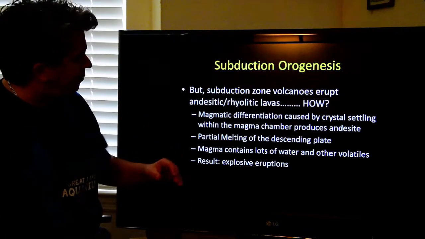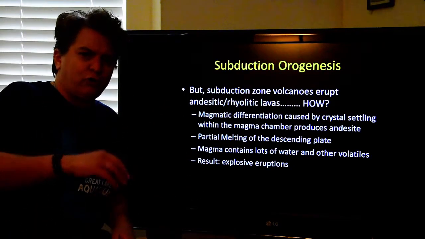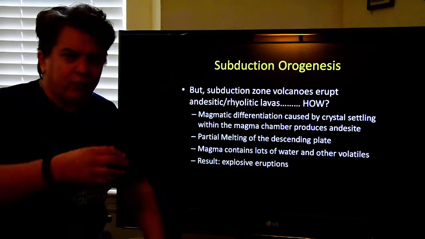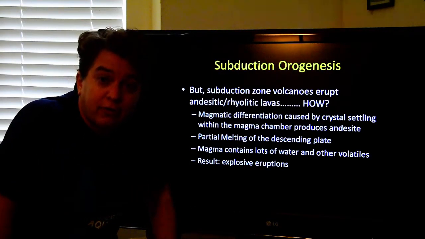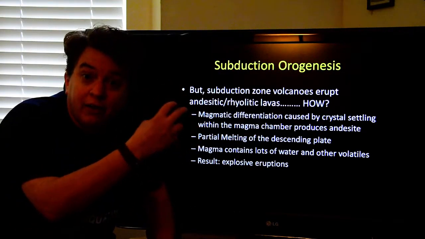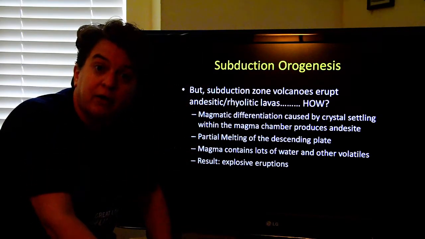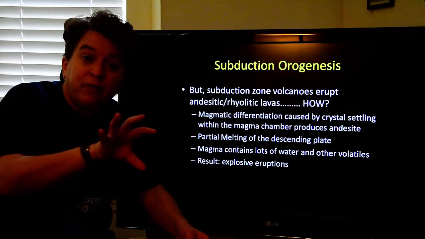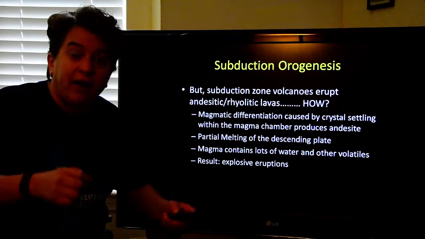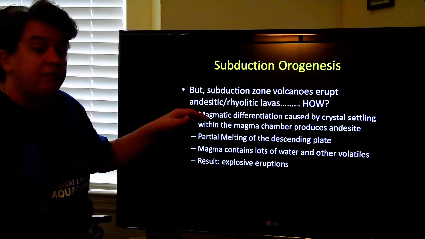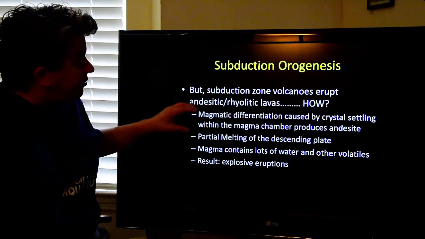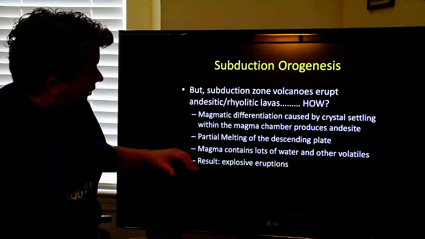Some of you will be saying magmatic differentiation caused by crystal settling. Remember that fractional crystallization, where olivine and pyroxene, those mafic minerals, form first and then they sink to the bottom of the magma chamber and you're left with the felsic minerals? I'd be like, all right, yeah, that's one way. Okay, so basically this differentiation and crystal settling.